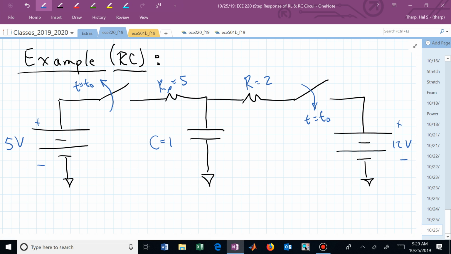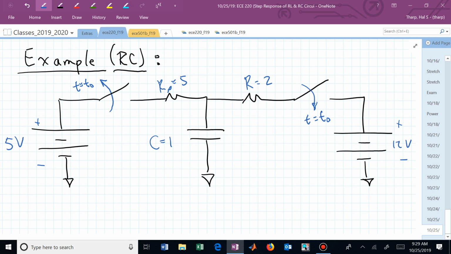You're now presented with this circuit, and you now need to find its complete solution. What would be your first thought in terms of, okay, what variable do I need to try to be solving for or working with? What's my key variable in this circuit?